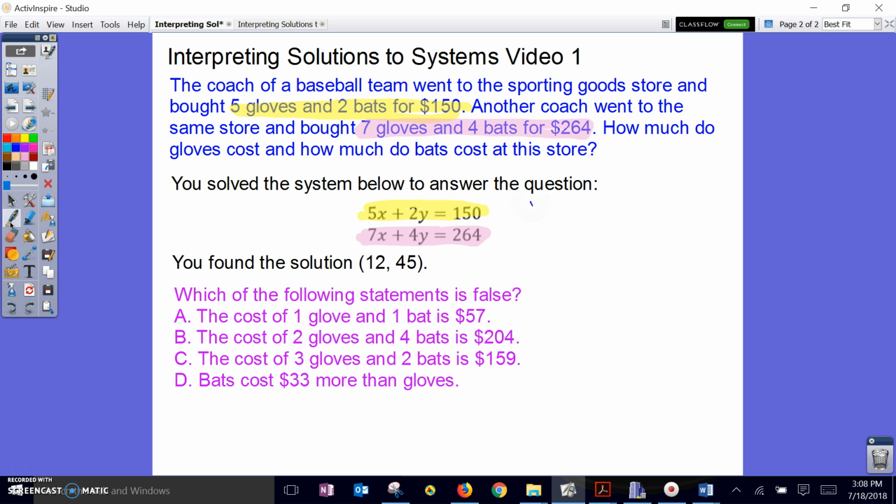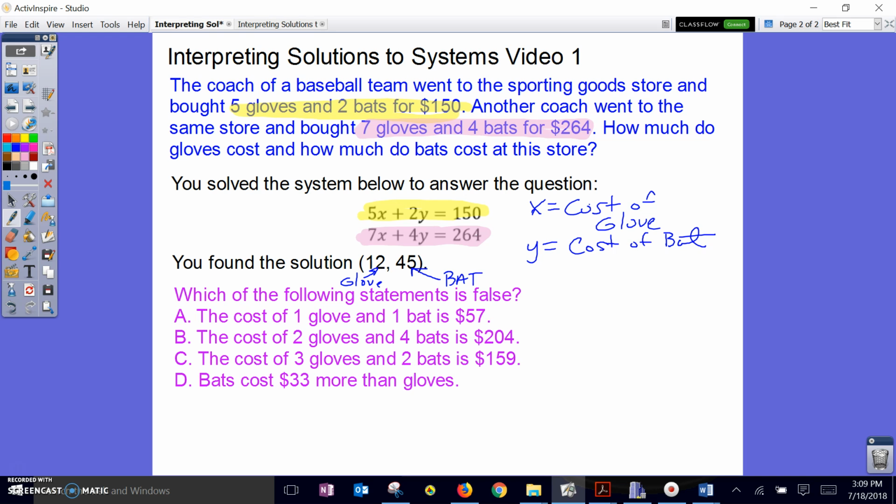Well, it looks like x stands for the cost of the glove, and y stands for the cost of the bat. And so 1 glove costs $12, and 1 bat costs $45.